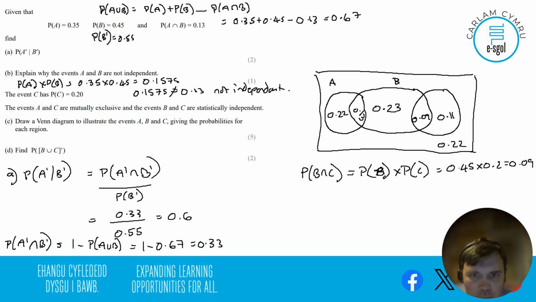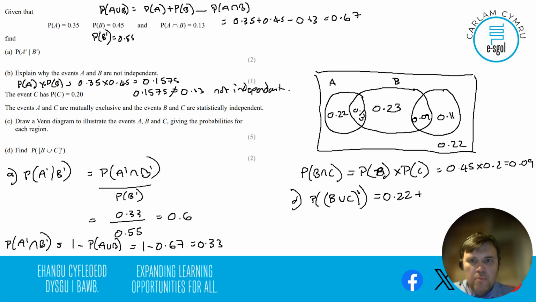Then it says for part D, find the probability of B or C dash. So it's not B and C. Well, if we would just pluck the information, it's going to be 0.22 plus 0.22, this part from just A, this part from everything taken away, is equal to 0.44.